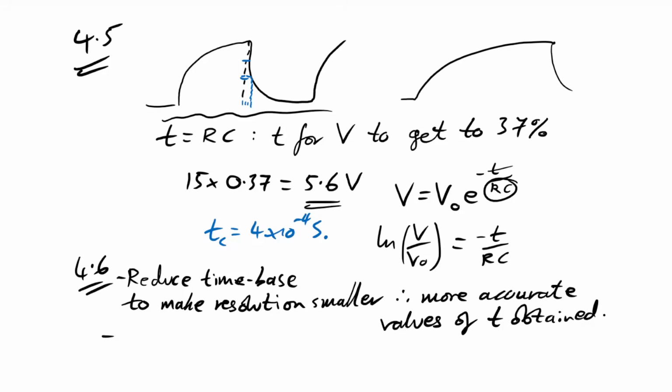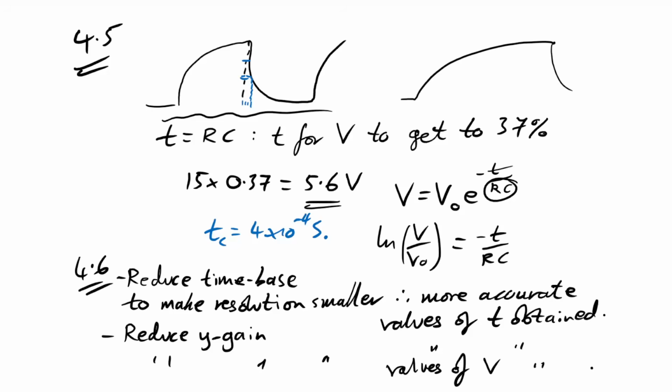But of course we could also say reduce the Y gain, again to make resolution smaller to obtain more accurate values of V.